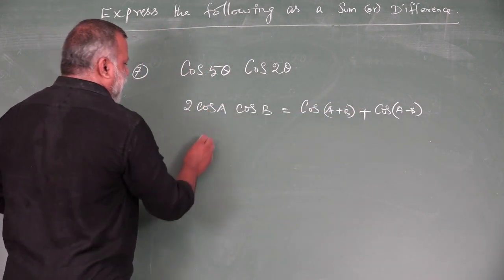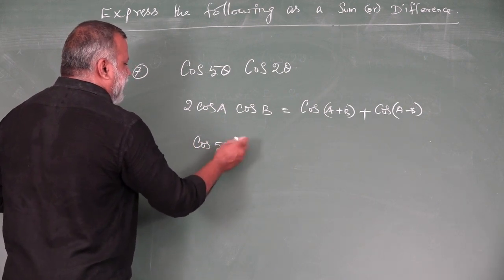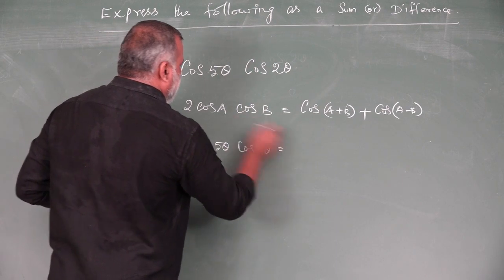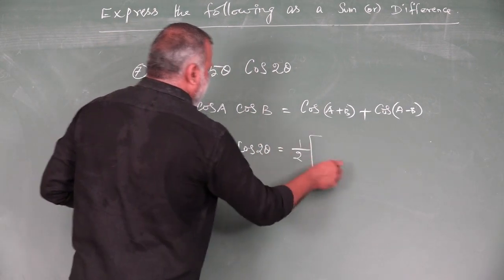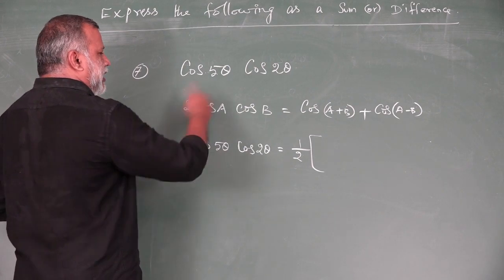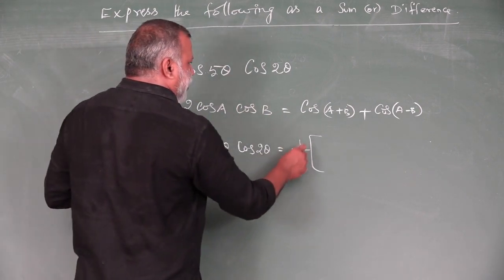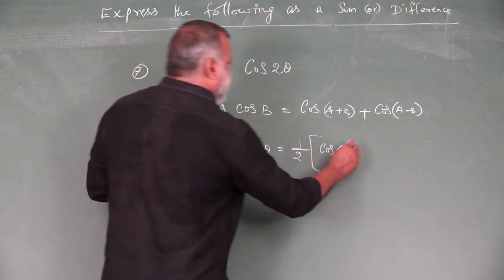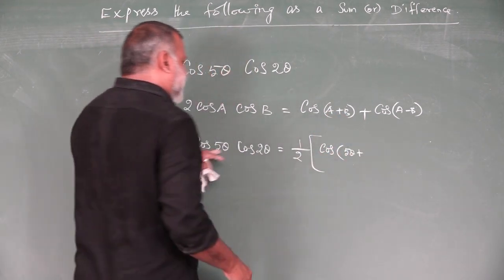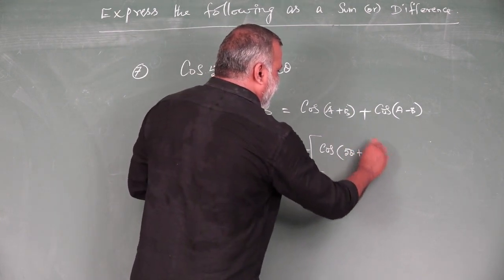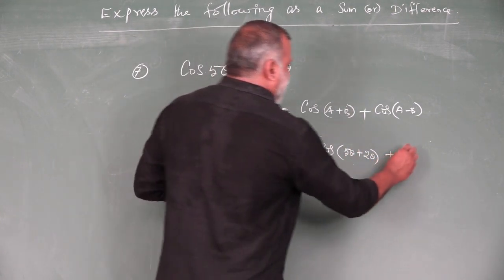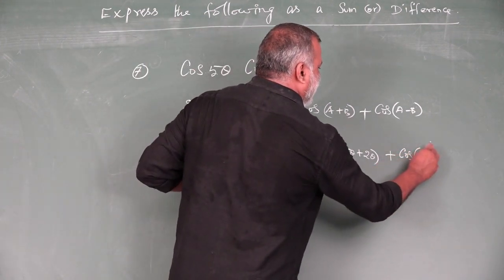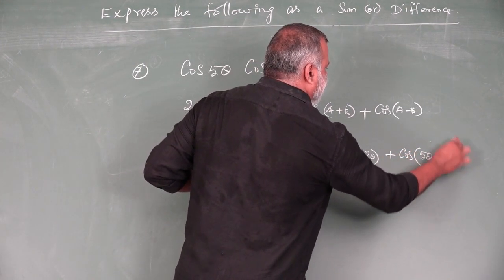So now cos A is replaced by 5 theta, then cos B is replaced by 2 theta. That means we can get half here. The given data does not have 2, therefore this 2 will be divided by, so 1 by 2. Now cos of A plus B, see here, A is 5 theta plus B is 2 theta, then plus again cos of A minus B. A is 5 theta, B is 2 theta.